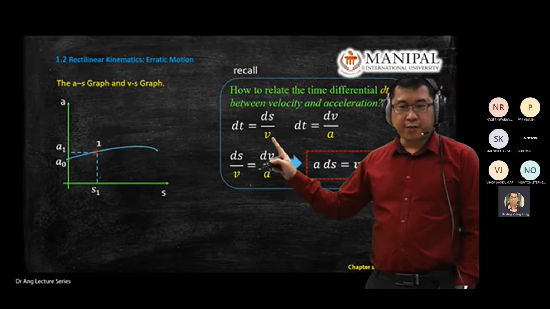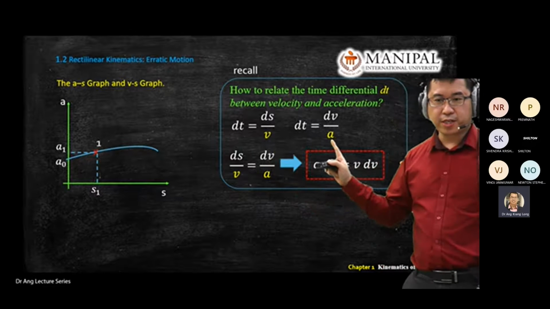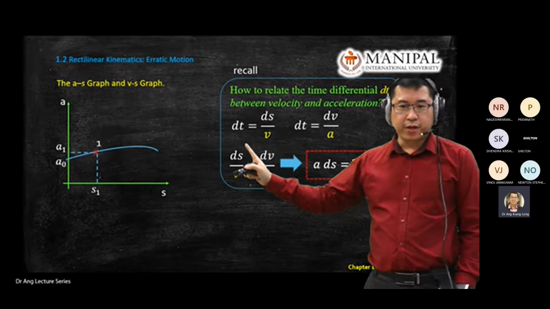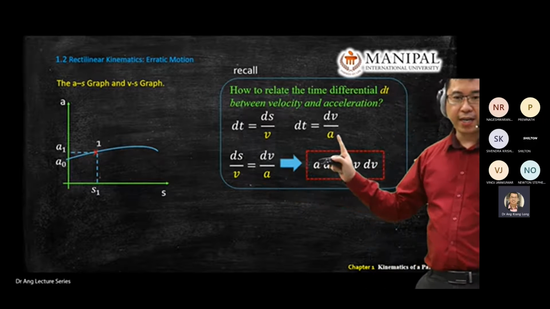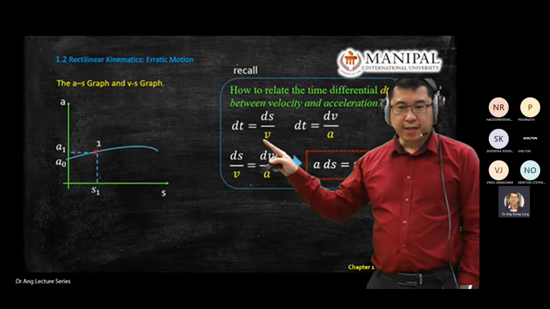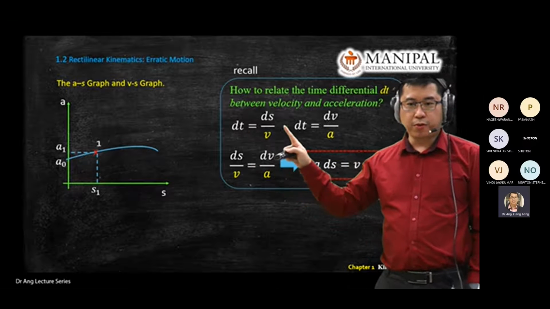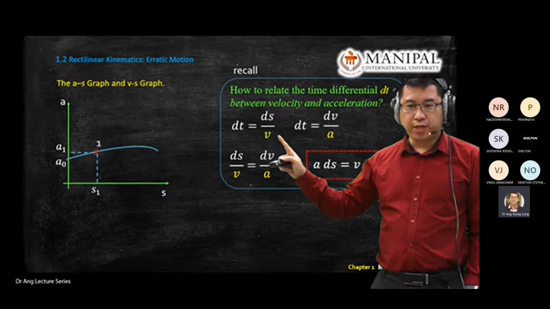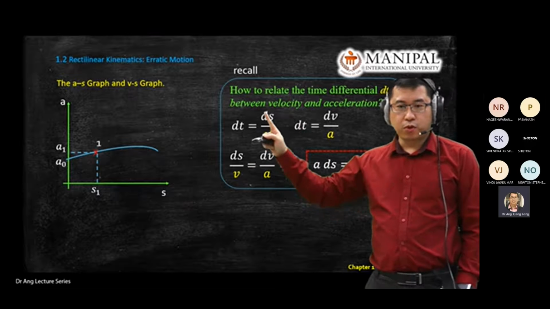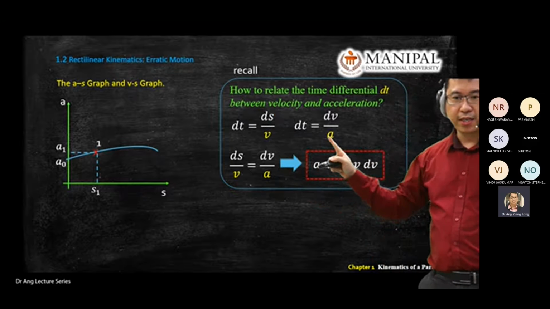By using the velocity definition and the acceleration definition, we rewrite the dt on the left-hand side for V and A. Then the change of time will be the same between V and A, so you can equate this one to this one.